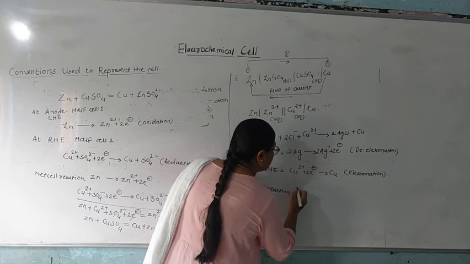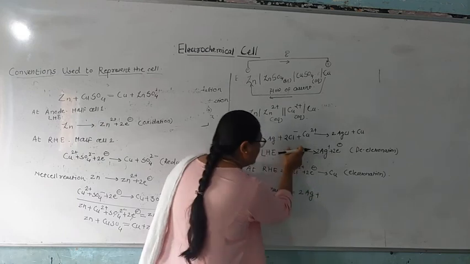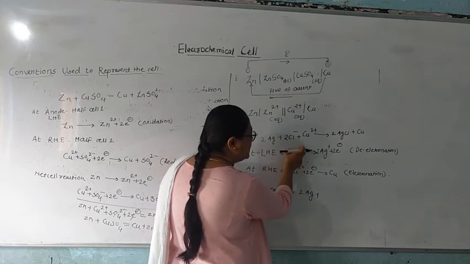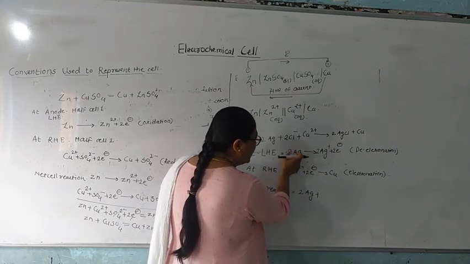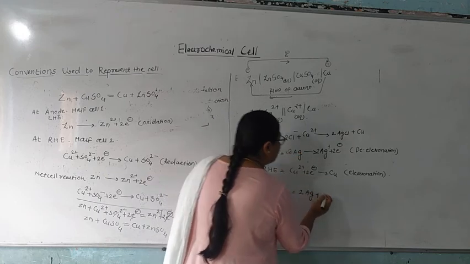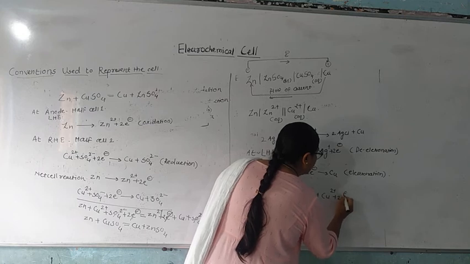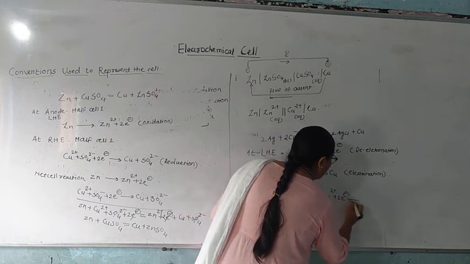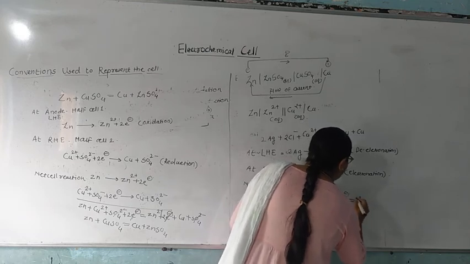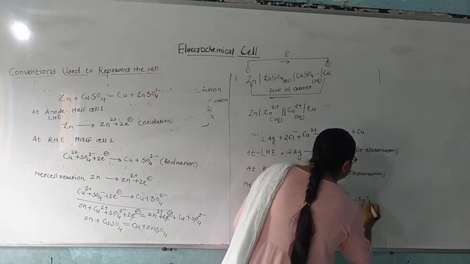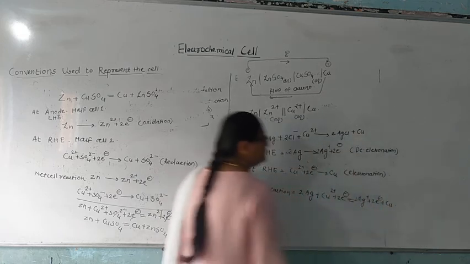Therefore the net cell reaction is twice of silver. Just add up these things which are on the left hand side of the arrow. Therefore the left hand side is twice of silver plus copper 2 plus plus 2 electrons, which is equal to twice of Ag plus plus twice of electron plus copper.